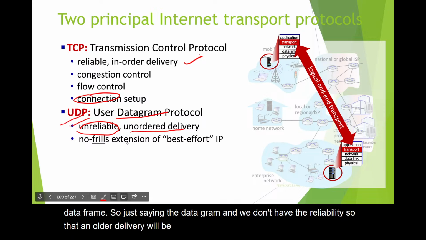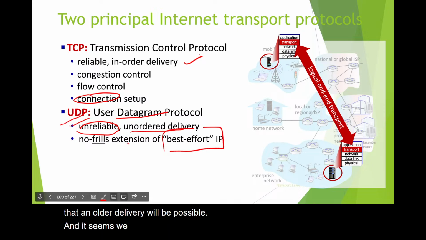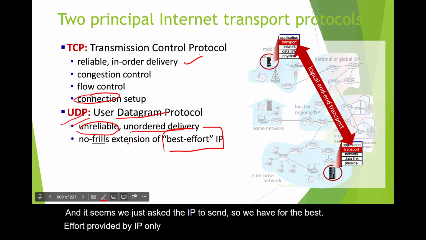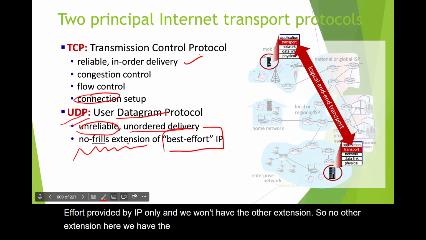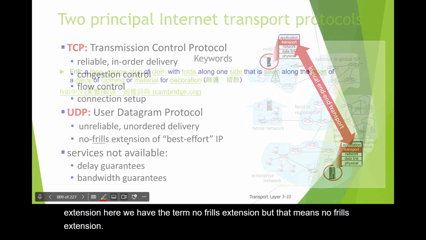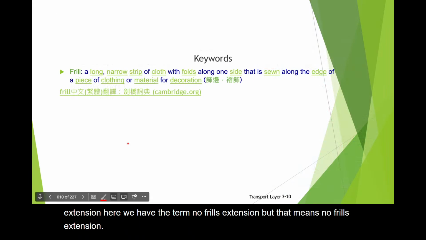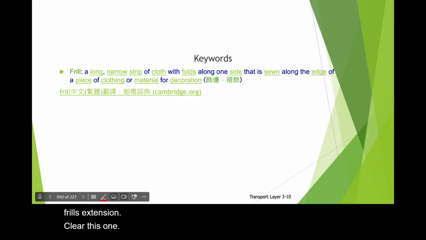It seems to be just as IP sends. So we have the best effort provided by IP only, and we won't have any other extension. We have the term no frills extension. What does it mean? Frill, you can check it quickly.